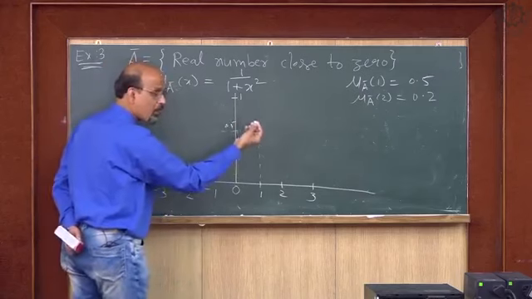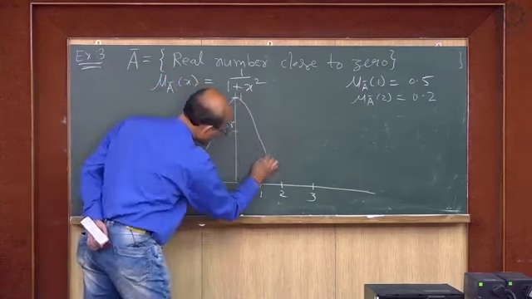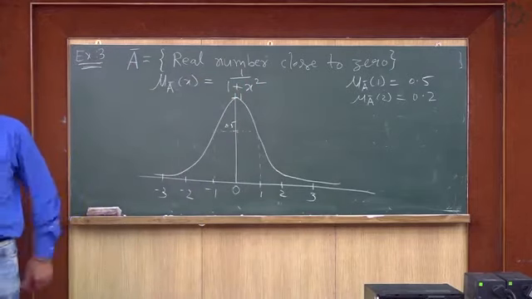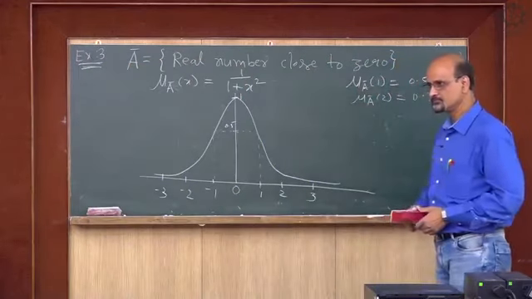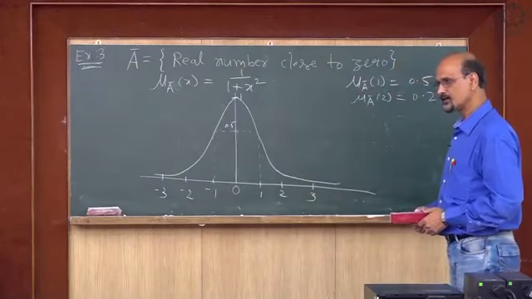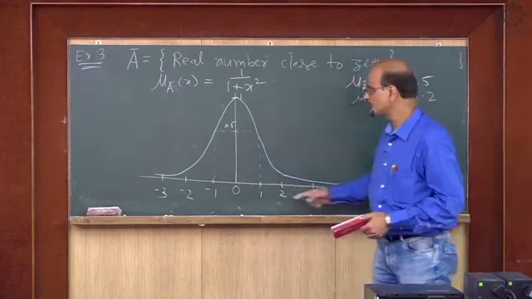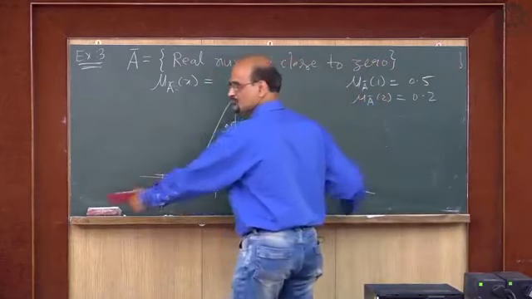So our plot will be like this. Understood? So this is the fuzzy set when you have a real number close to 0. If you see 2, it is near 0.2, and 3 accordingly, going to plus infinity and minus infinity, you have the plot like this.